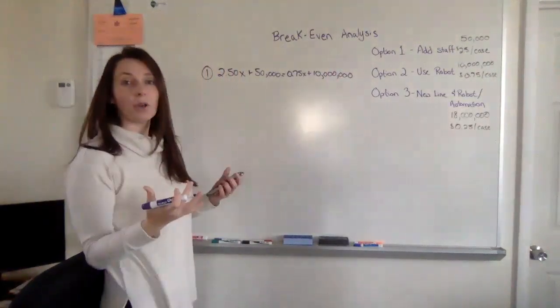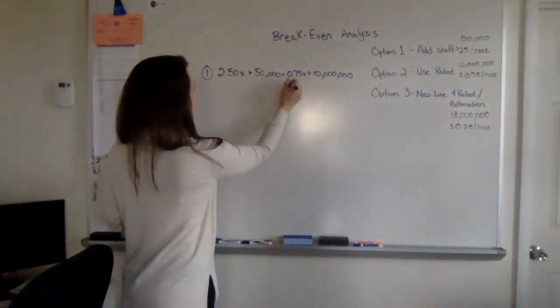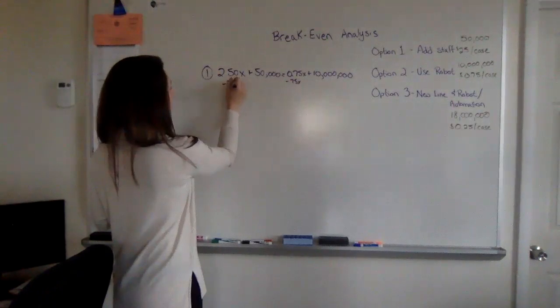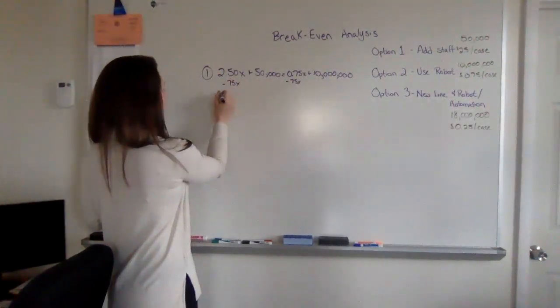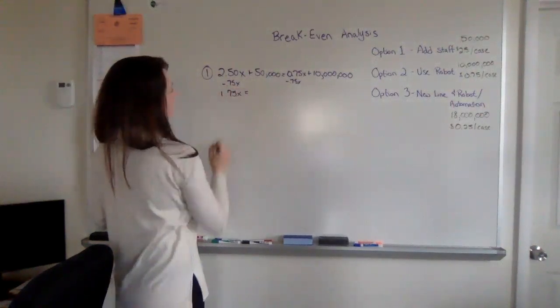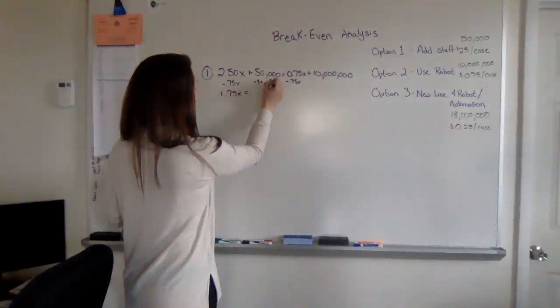And here we're just going to solve for X. Let's bring our 75 cents over here, minus 0.75. That's going to give us $1.75 multiplied by X. And we're going to minus our $50,000 here.